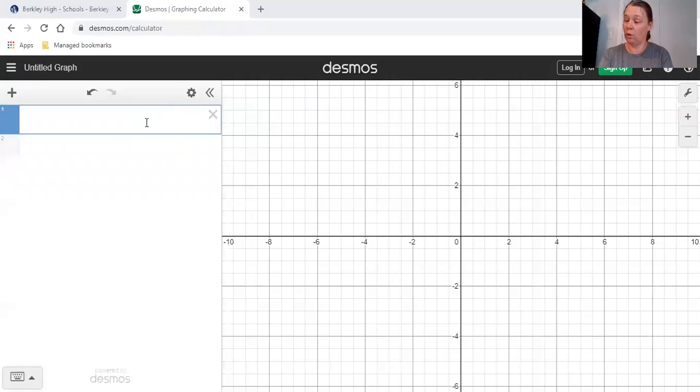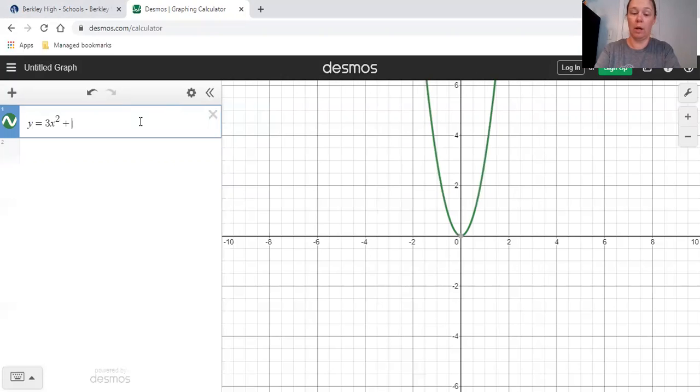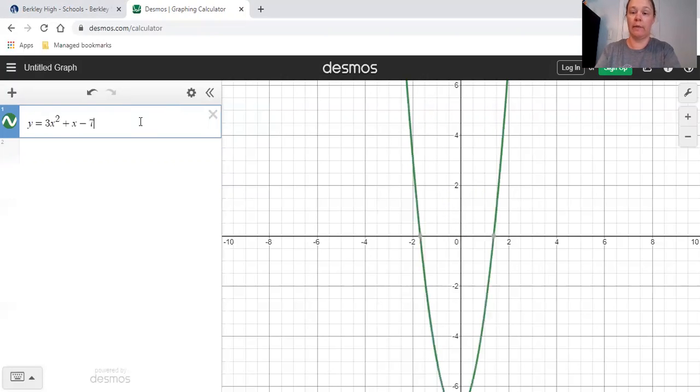Okay, so what do we have here? 3x squared plus x minus 7. Now I am interested in this when x equals 1. So here's x equals 1.